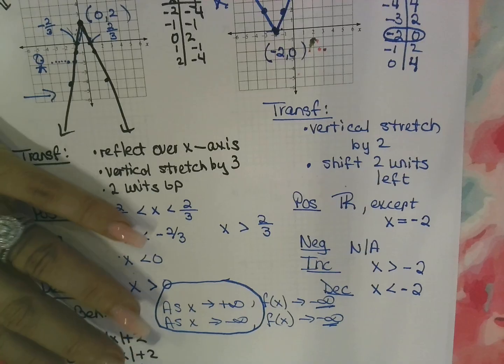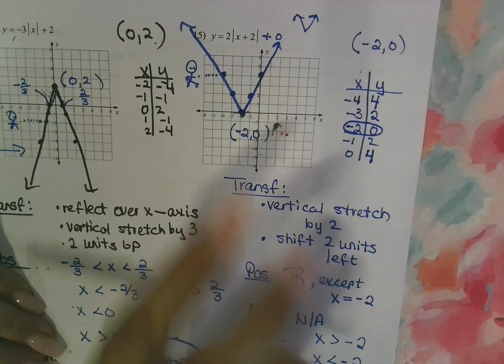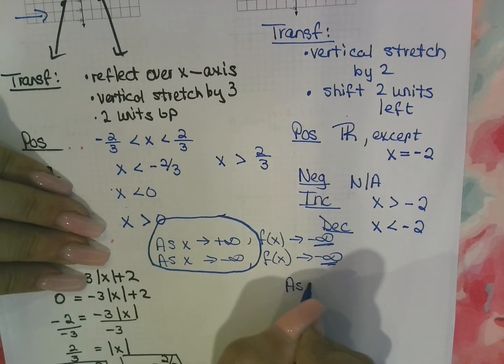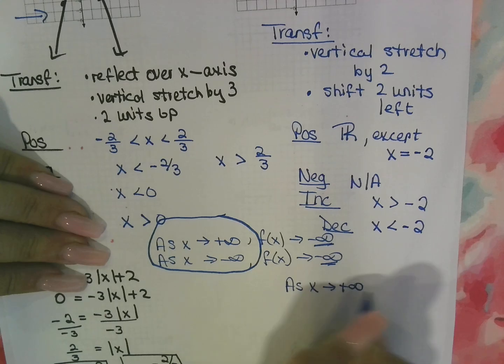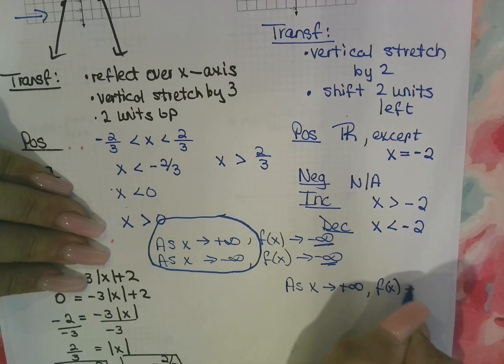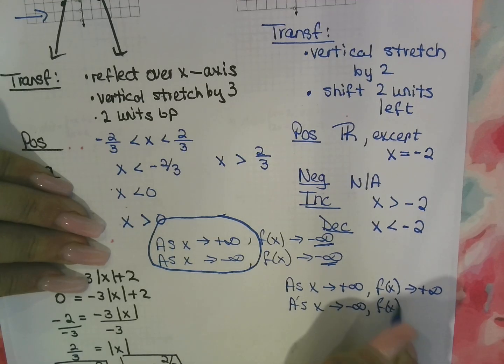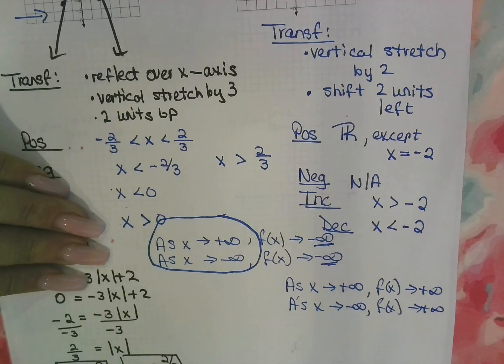Okay? And the last part is end behavior, and again, here we see it going up and up. So as x goes to positive infinity, f of x goes to positive infinity. As x goes to negative infinity, f of x still goes to positive infinity.